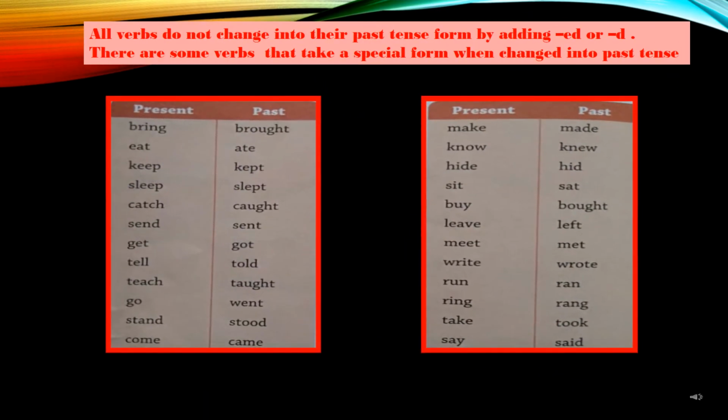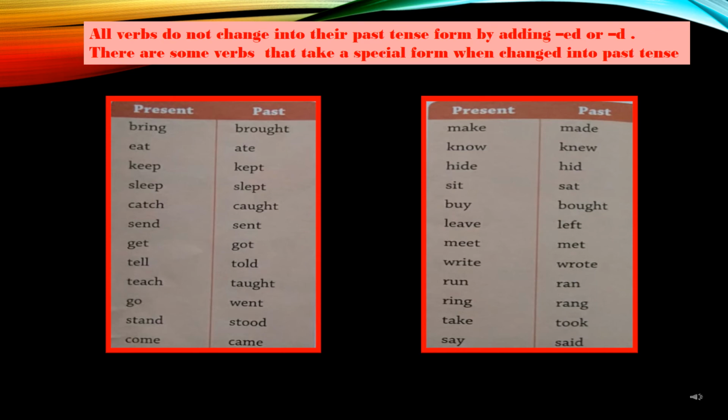Now, children, after learning about present and past tense, I have something important to tell you. Please listen to this very carefully and try and understand this. All verbs do not change into their past tense form by adding ed or d.